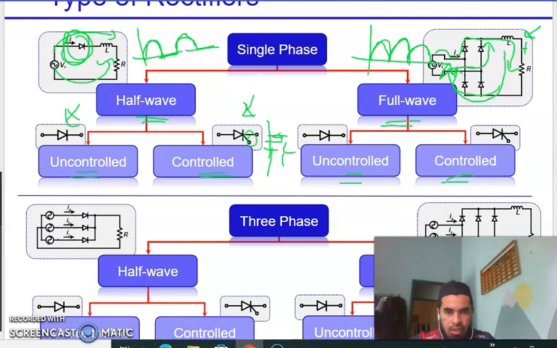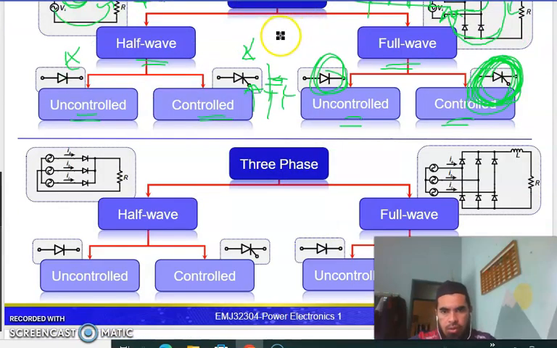Then you have a gate here, the gating point. You induce a current to switch it on, and it will switch off during a negative bias. The same goes for the full wave: you replace this part with a diode for uncontrolled, and for controlled, you can replace it with a thyristor. Okay, we continue with the next slide.